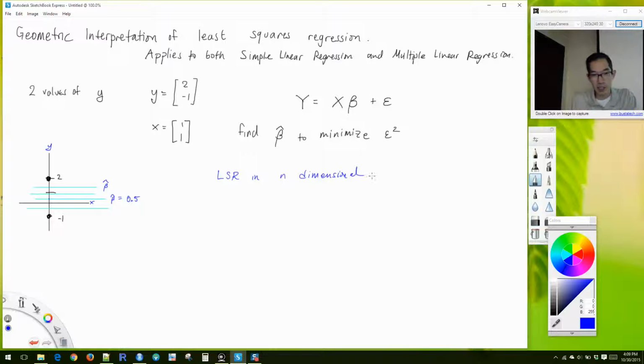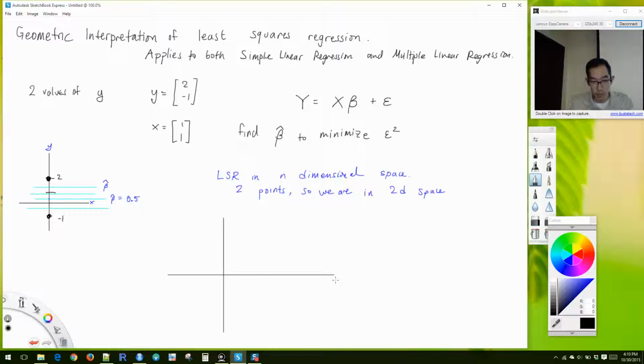So n-dimensional space here, I have 2 points, so we are in 2D space. Here this axis represents y1, and this axis represents y2.